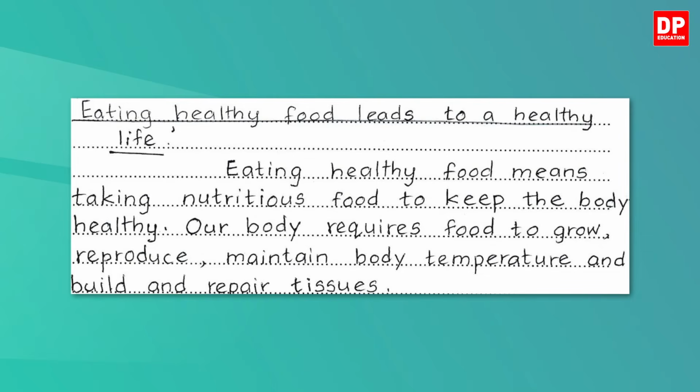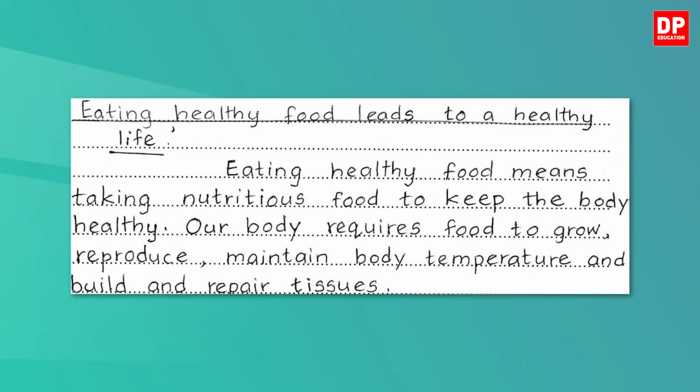Our body requires food to grow, reproduce, maintain body temperature, and build and repair tissues. As you can see, this short paragraph explains the topic, eating healthy food leads to a healthy life.